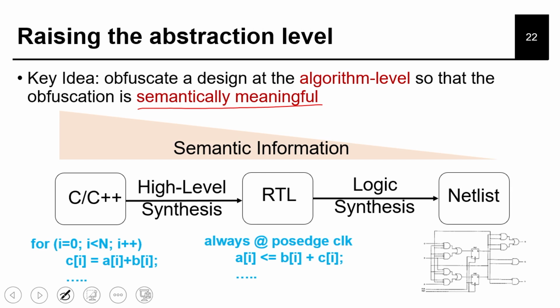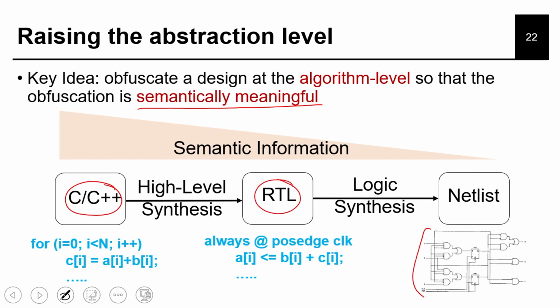But whenever you convert these into a gate level design, you will not make out which is the if else, or which is the adder. It is very difficult to get those semantic informations at the netlist or gate level implementation. Whereas, when you lock at C, C++ or RTL, you have this semantic information.